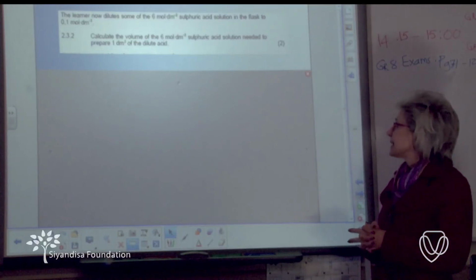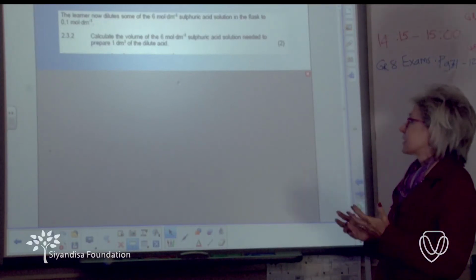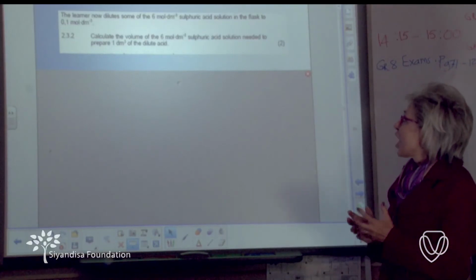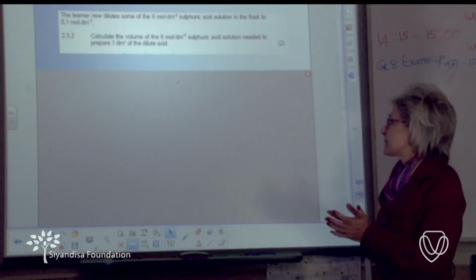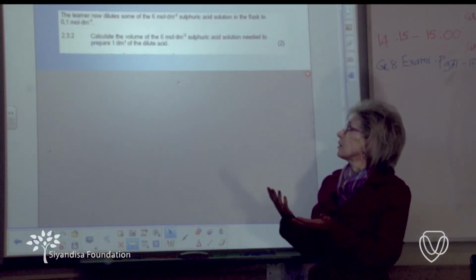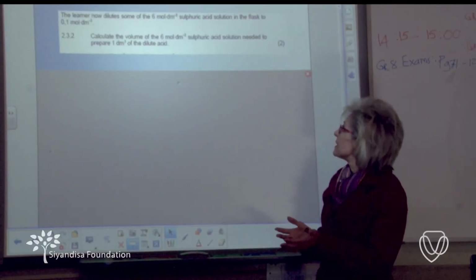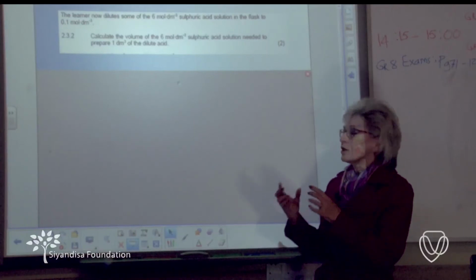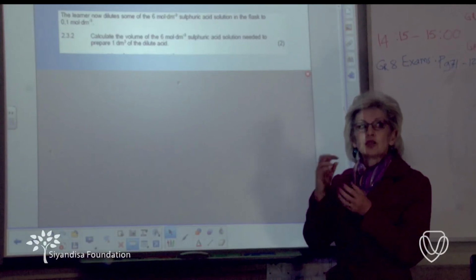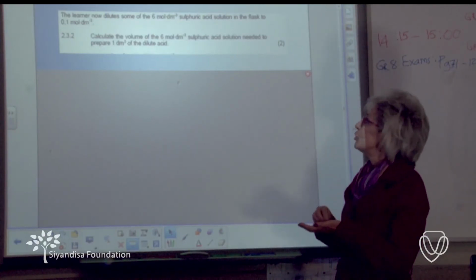Now, at this point, it seems like a lot of concentration values and volume values asked, and it doesn't really make sense. But what they've done here is you've got this solution that contains 6 mole per cubic decimeter of sulfuric acid, and you want to pour out of it a volume which you want to then add water to dilute it.